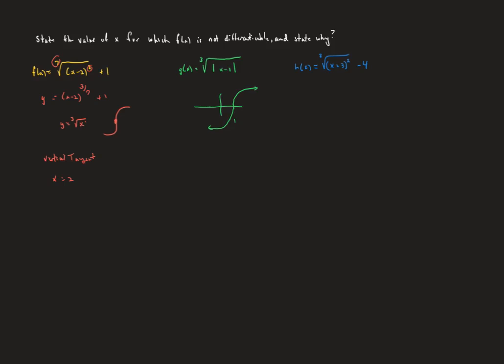But what the absolute value is going to do is take anything that is negative and kick that up above to make it positive. It's going to reflect it up here. So the effect of that absolute value is it changes what was a vertical tangent into a cusp. And so at x equals 1, there is a cusp. That's a new twist on how to get a cusp.